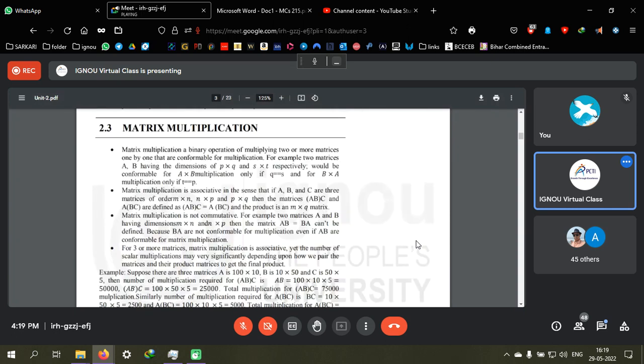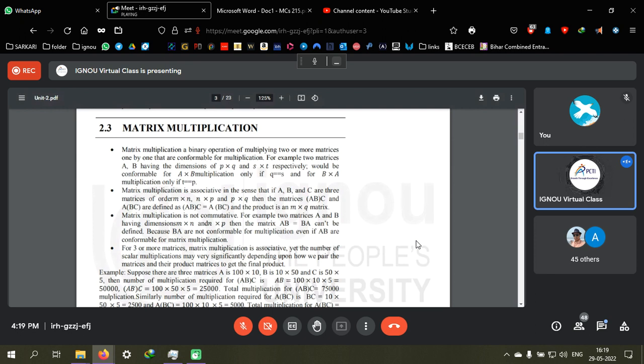With the first 2.3 topic, this is matrix multiplication. So we all know how to solve a matrix. There is one concept, that means there is a procedure.